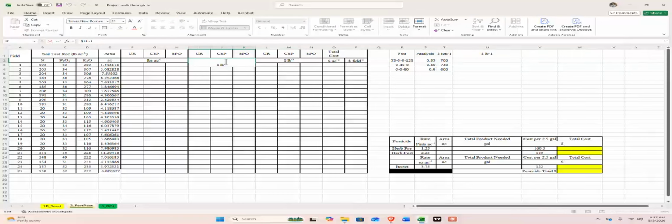This is pounds per field. Okay. All right, and so we know that urea is going to cost this. That's awfully big. All right.